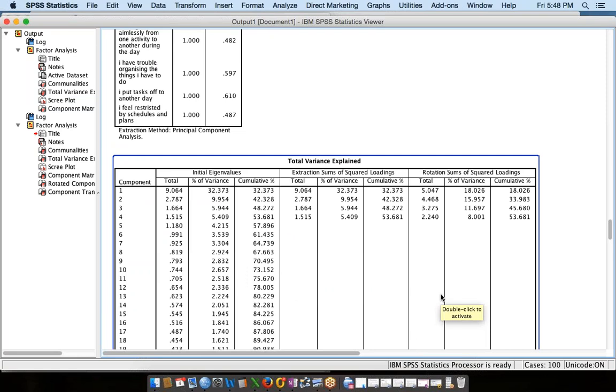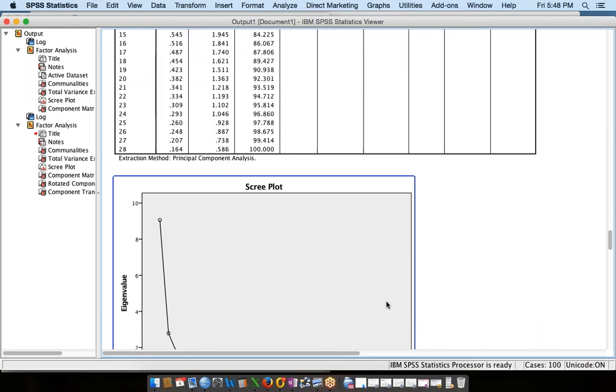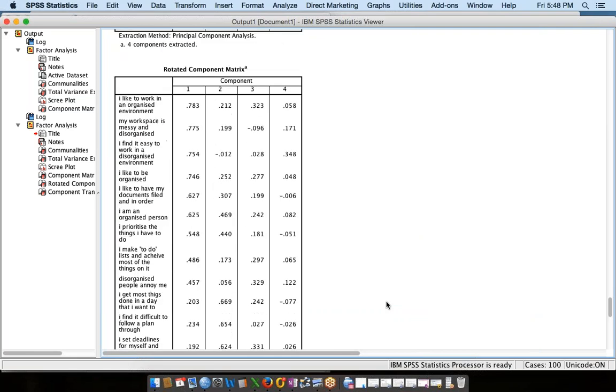So here, after it's rotated, I meet all of the criteria, although I probably could have had 5. But most importantly, I'm going to look at the meaning of the items in the rotated component matrix.